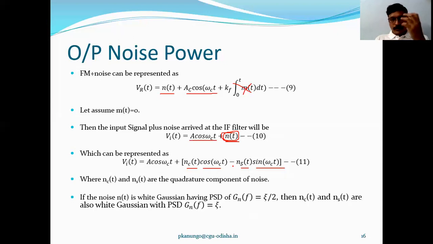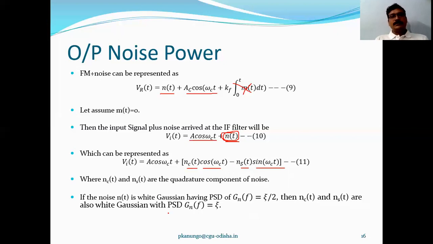If noise has a power spectral density of zeta by 2, because we have assumed that noise NT is white Gaussian, then the quadrature component noises NCT and NST are also white, because NT is white. But the power spectral density of NCT and NST is equal to zeta, 2 times that of NT.